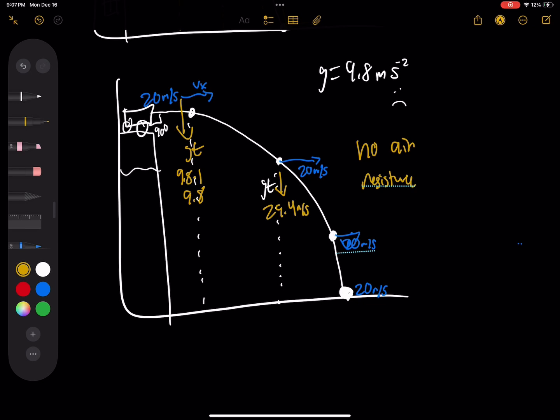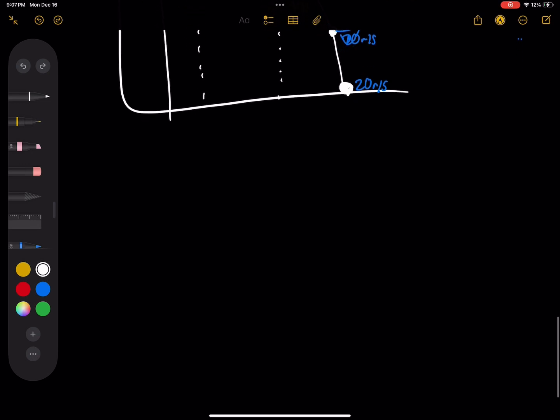So, like I said, on this diagram we have a 90-degree angle, right? But life's never that simple. Why would it be that simple? That would just be too easy. What if we added an angle? Oh, this is fun.